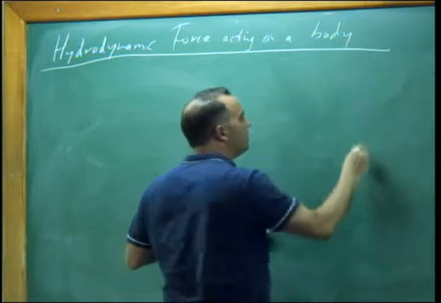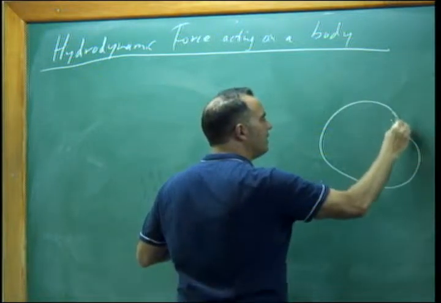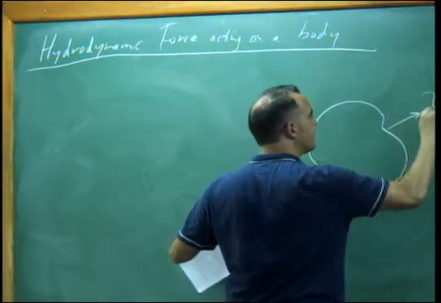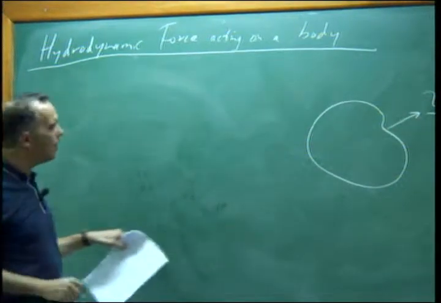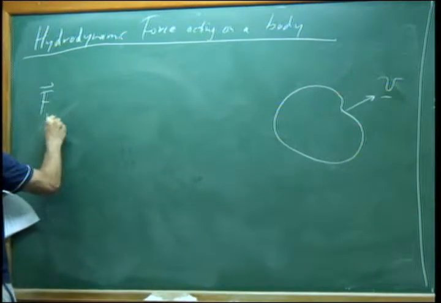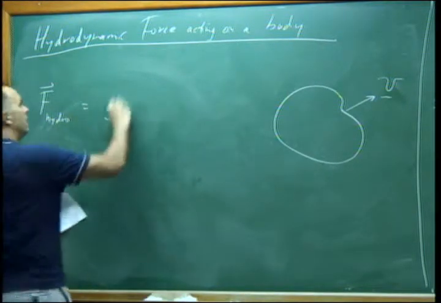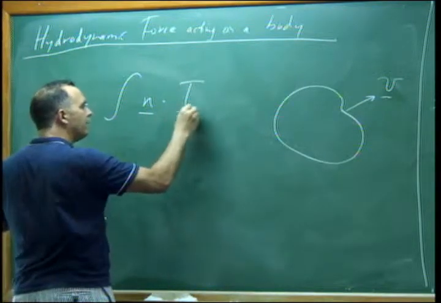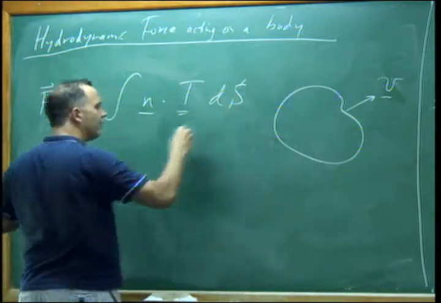So let's just imagine we have some object moving through a fluid. If you can solve for the velocity field everywhere, then the hydrodynamic force is simply the integral of the normal projection of the stress tensor over the surface.